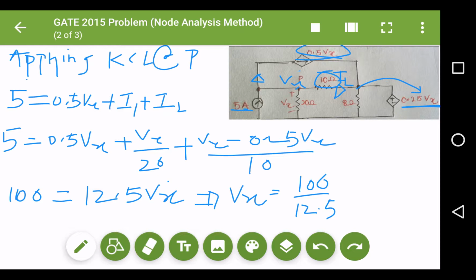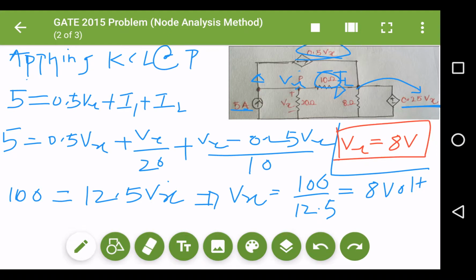By division you will get the Vx value to be 8 volt. So the required voltage Vx equals 8 volt. This is the value of Vx. I hope you understand this circuit and you followed what I taught.